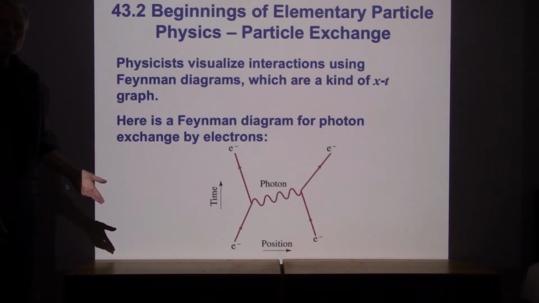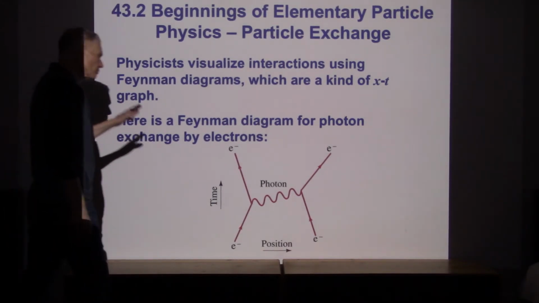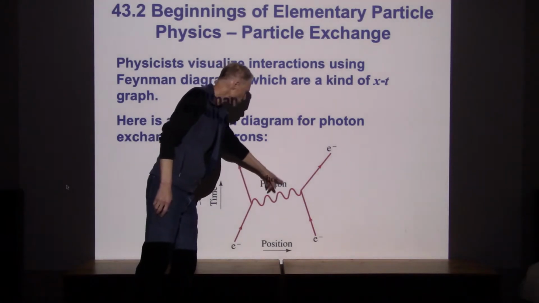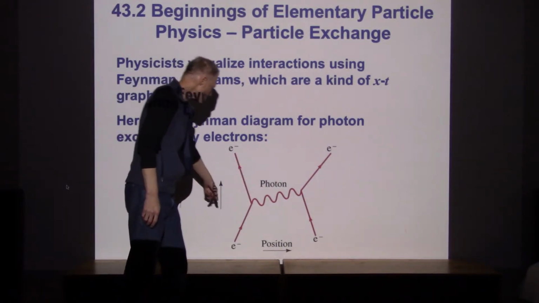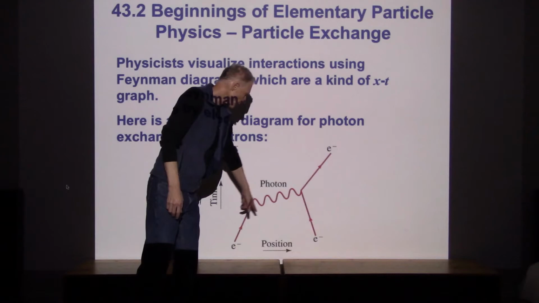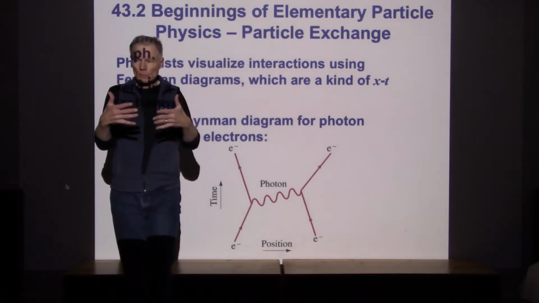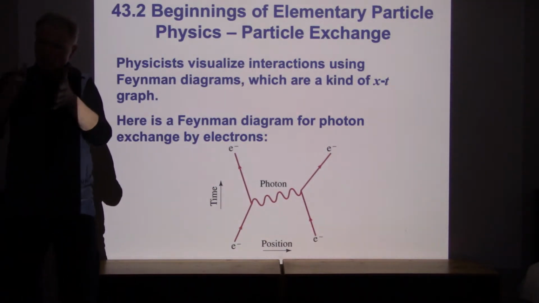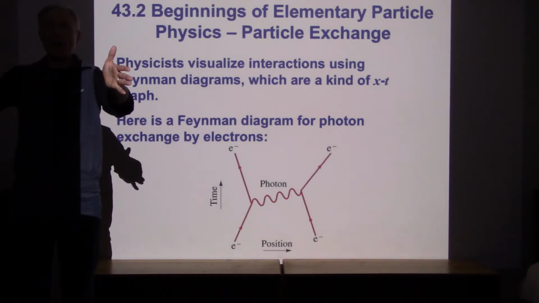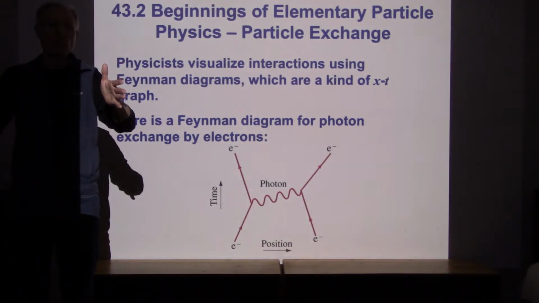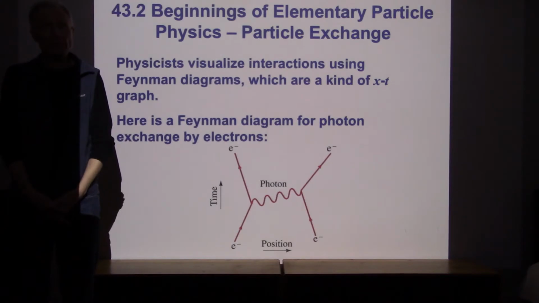It's not being picked up by any detector, but we can measure the properties of this photon by measuring the energy and momentum of the electrons going in, and the energy and momentum of the electrons coming out. Whatever the differences are would have to add up to be the energy and momentum of the intermediate photon.